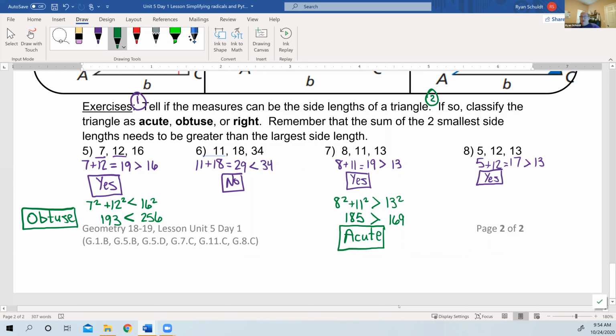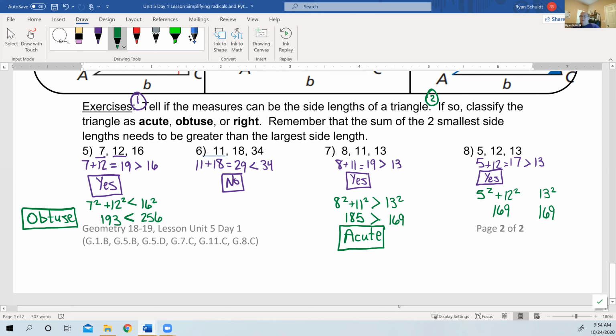Okay, on the last one, we have a triangle. So we have to compare now. 5 squared plus 12 squared, and we have to see how it compares to 13 squared. Well, let's see, what is 5 squared plus 12 squared? 169. What's 13 squared? 169.